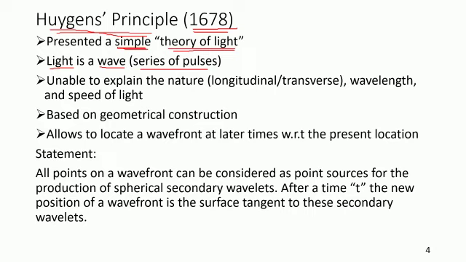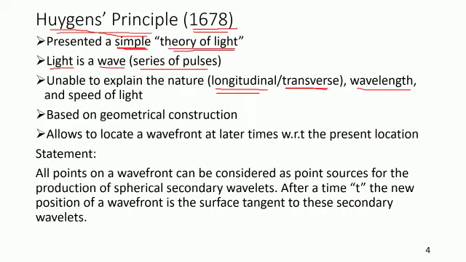But this theory is unable to explain the nature of light. That means, if light is a wave, whether these are longitudinal waves or transverse waves. Huygens principle or Huygens theory of light is unable to tell us about the longitudinal or the transverse nature of light.